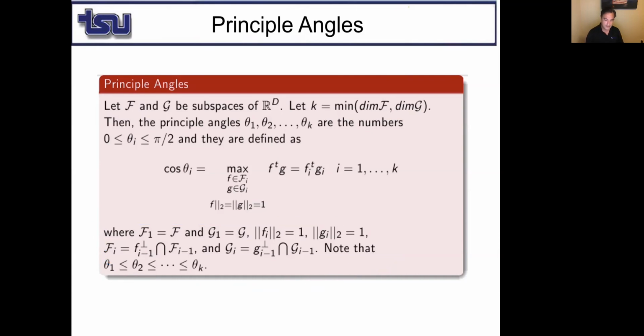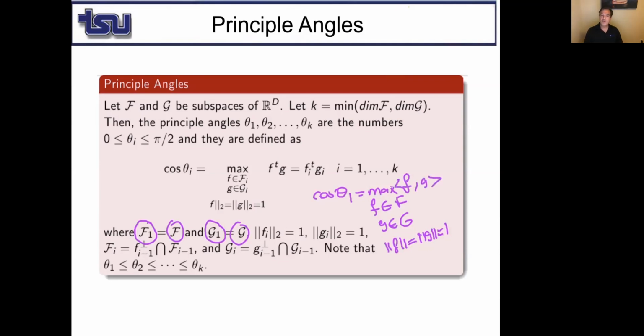So let's start with i equals 1. What does that mean? That means cosine theta 1 is equal to the maximum over f in F and g in G, both with two-norm of 1, of the inner product of f and g.